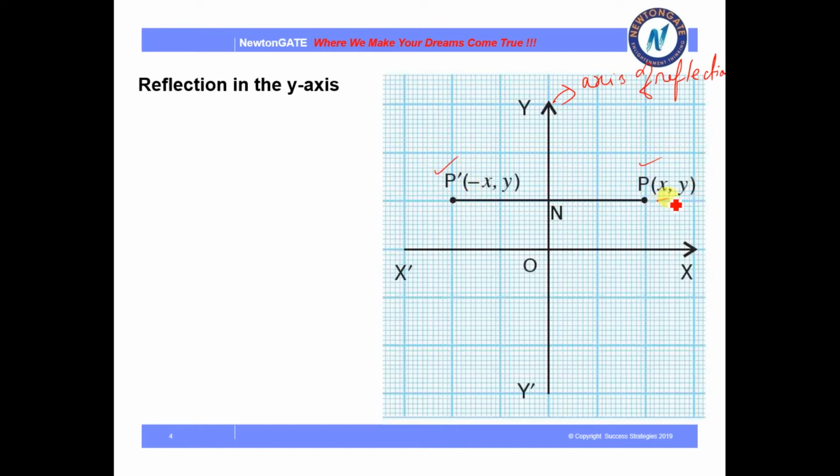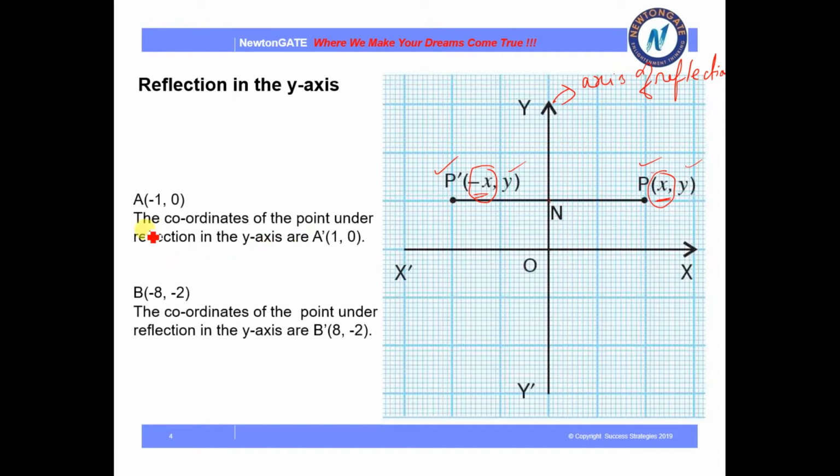The x, that is the abscissa, becomes its negative and the value of y remains constant. So when we are reflecting a point on the y-axis, the value of x becomes its negative and the value of y remains the same. And again, this distance Pn is equal to P dash n.